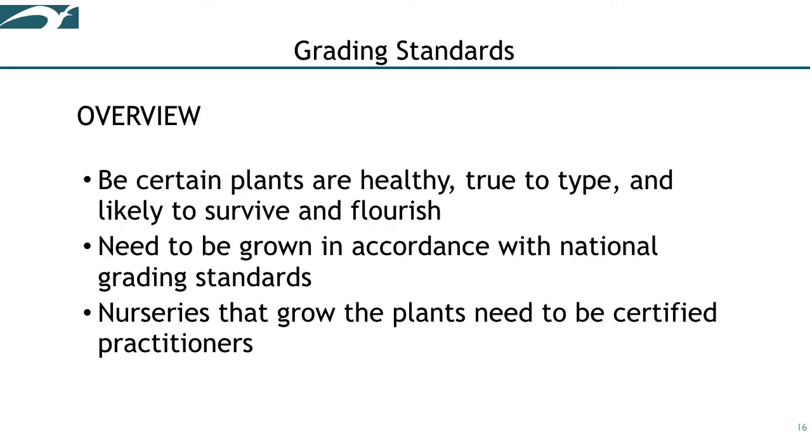Be careful to make sure you have plants that are healthy and true to the type and that will survive and flourish within the landscape. Plants that will be happy to grow according to the national grading standards. Look for nurseries that are certified, and you can be certain that your plants will not die within the first season.